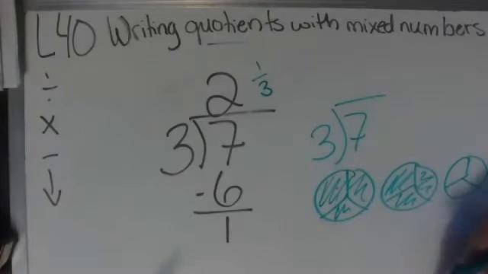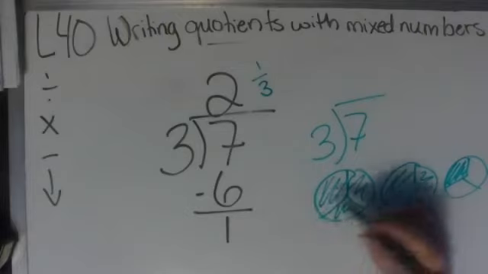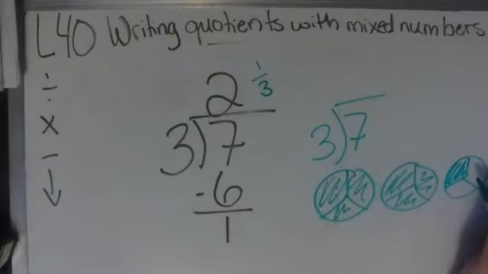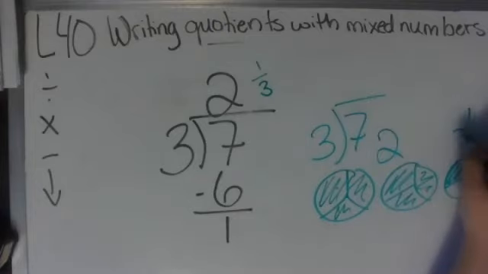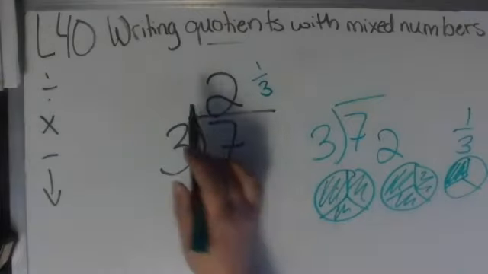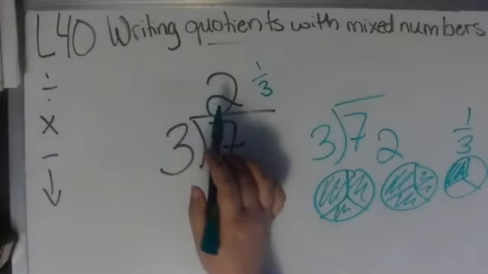And 1/3, so we have 1 remainder. That's how many are filled in altogether, right? Because if 7 pieces of 3 are filled in, 1, 2, 3, 4, 5, 6, 7, I have 2 wholes finished and 1/3 not finished, which is the same as up here.